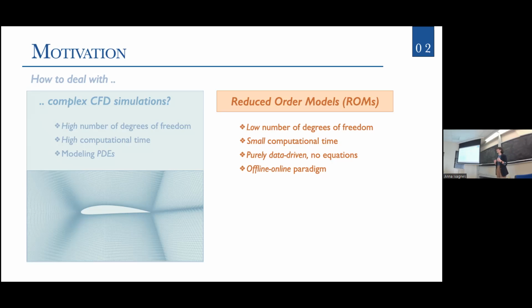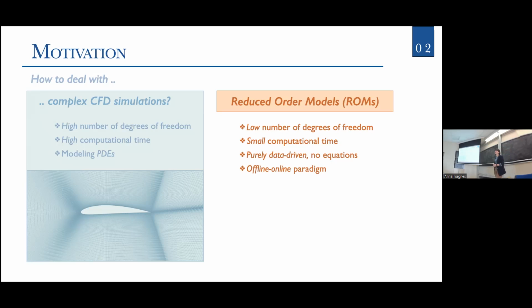You will have a much smaller computational time, and there are different types of reduced order models, but in our case, we work in a non-intrusive framework. So we have a purely data-driven approach, so no equations here. And I think most reduced order models rely on this offline-online paradigm.